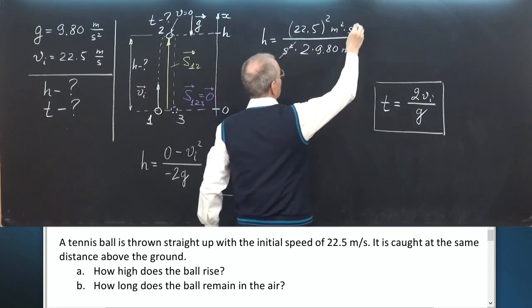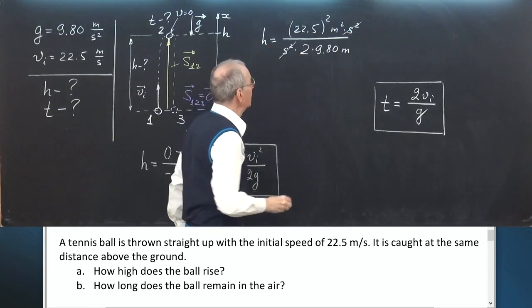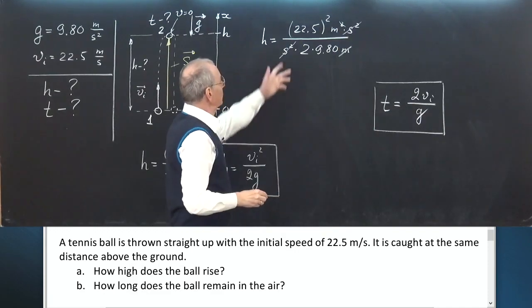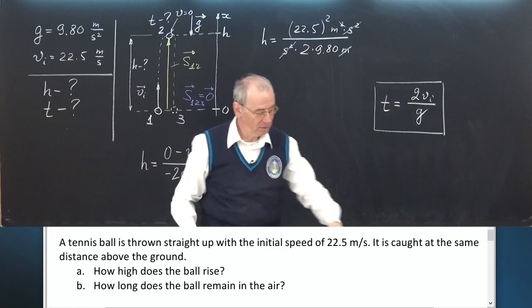So second squared divides out, meters partly divides out, and we have a result in meters.